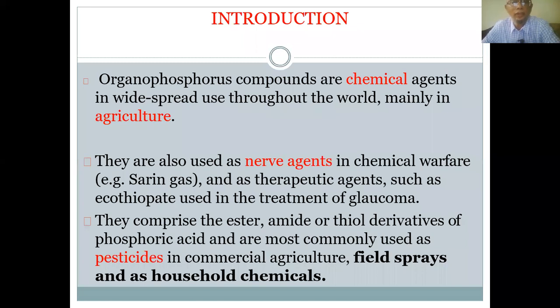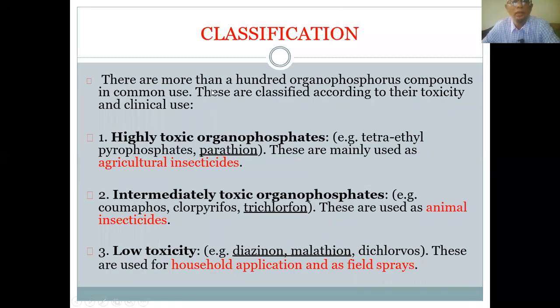Now the classification. There are more than 100 organophosphorus compounds in common use. These are classified according to toxicity and clinical use. Highly toxic organophosphates, that is tetraethyl pyrophosphate and parathion, are mainly used as agricultural insecticides.